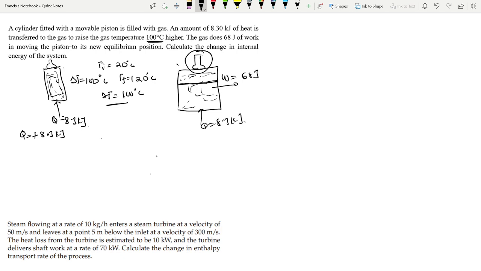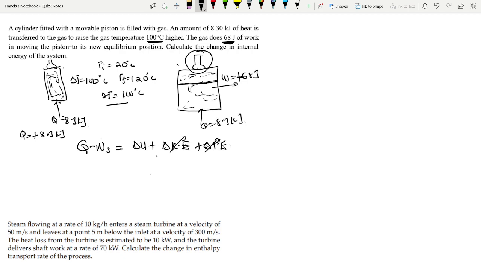Now we just have to go back to our first law of thermodynamics for a closed system. The gas does 68 joules of work, so the system does work, and that becomes positive. So our first law of thermodynamics is Q minus Ws is equal to change in U plus change in kinetic energy plus change in potential energy.